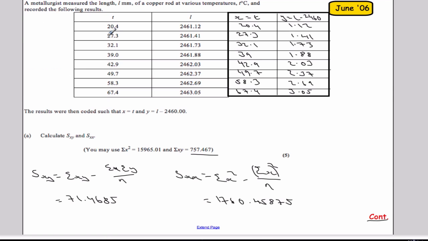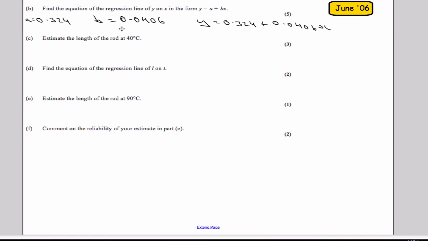Estimate the length of the rod at 40 degrees Celsius. Okay, let's just double check which the length of the rod at 40 degrees. X is t, so I'm going to put in a value for x.